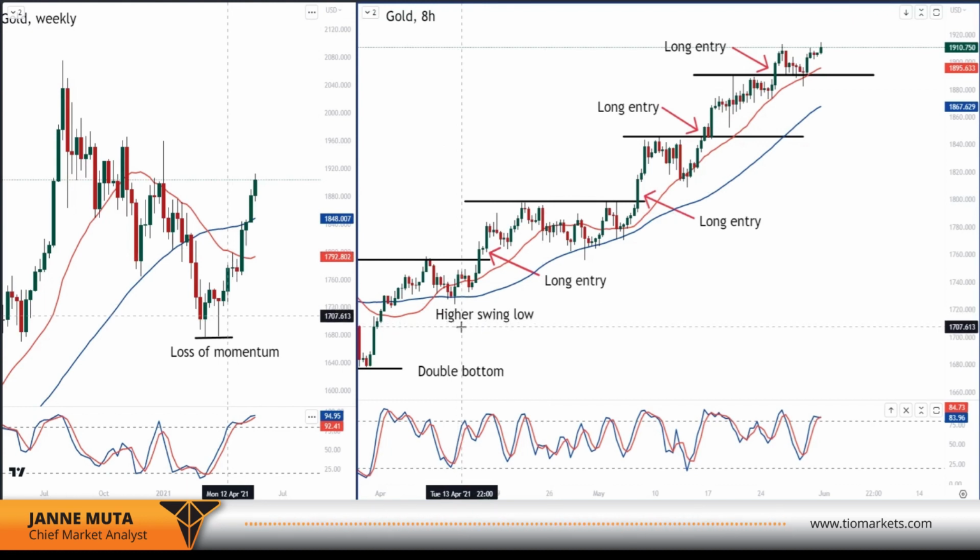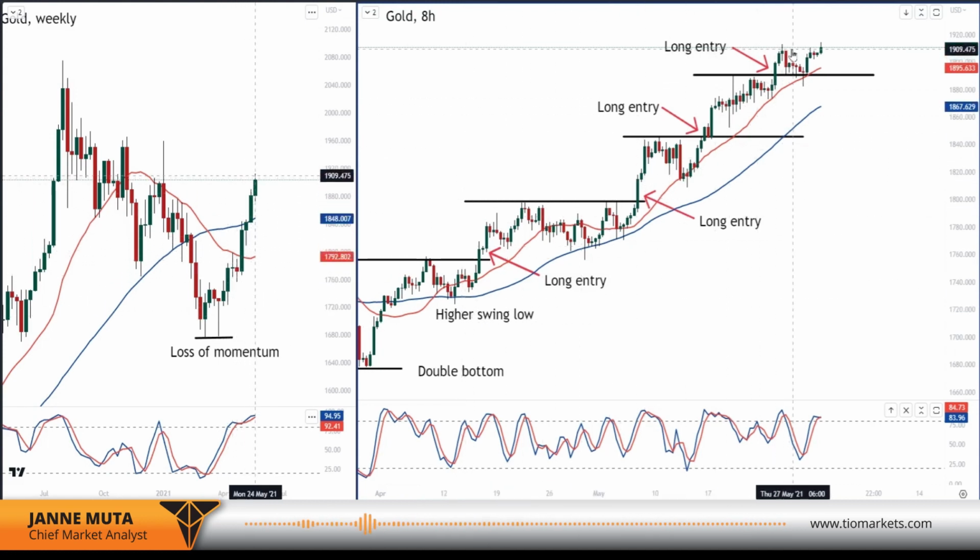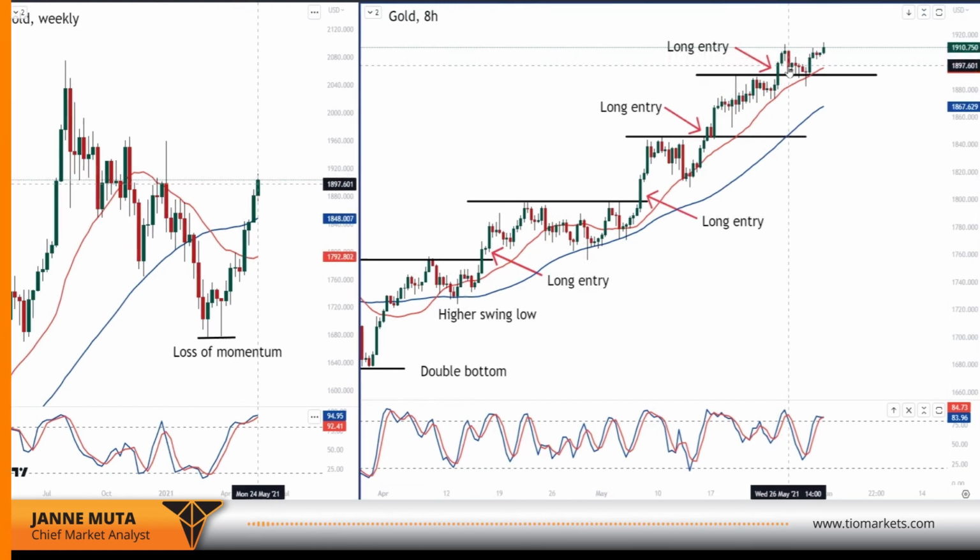We have the buffer, we have the open profit that helps us to stay in the trade, and so we can move higher as the market keeps on moving higher, and then exit when there is no more momentum and the market starts to reverse to the downside.